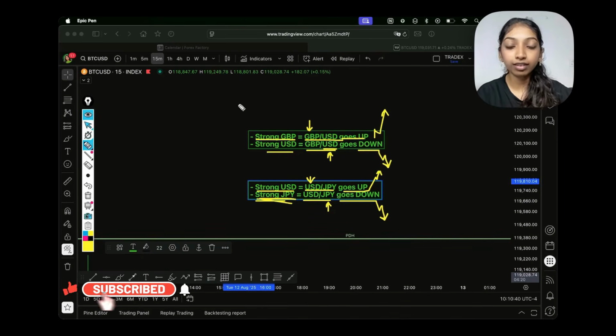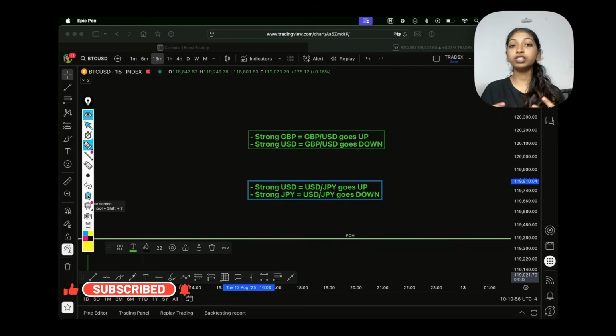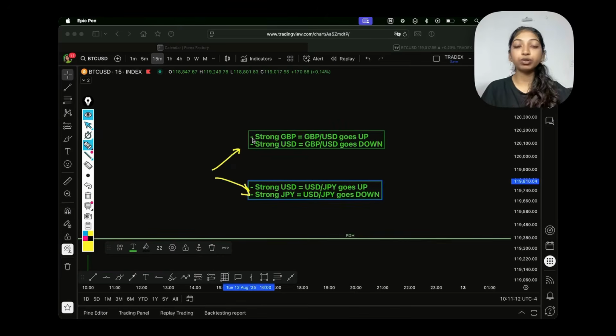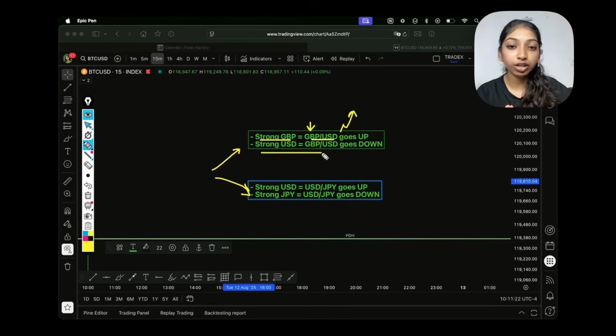As simple as that can get for you guys to understand. Because personally, when I was starting out, I was super confused. If USD is going up, then why is USD JPY falling down? I couldn't understand the logic behind it. When I understood this simple example, literally everything changed. Because if the first currency, the base currency, gets strong, the entire pair goes up. The same logic applies with the rest of the pairs.